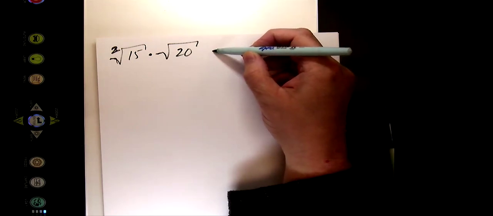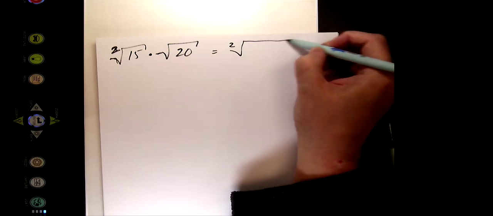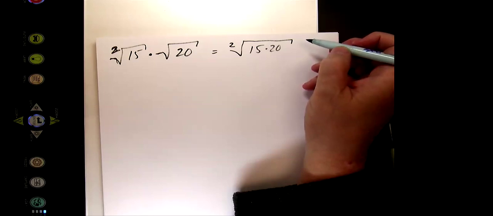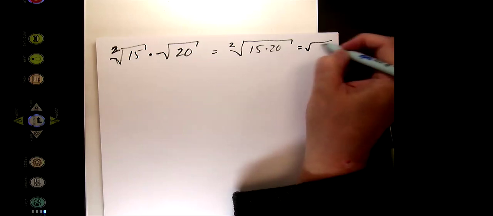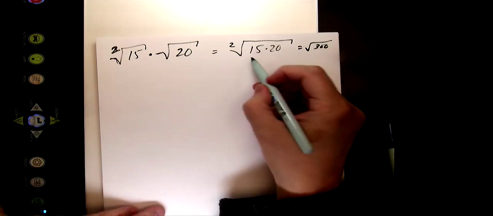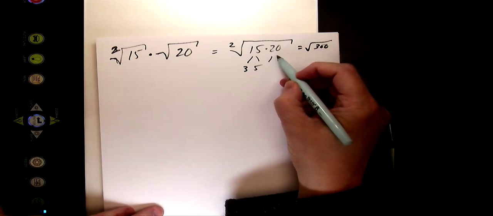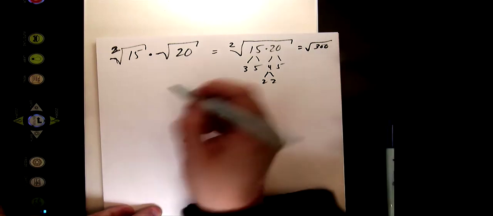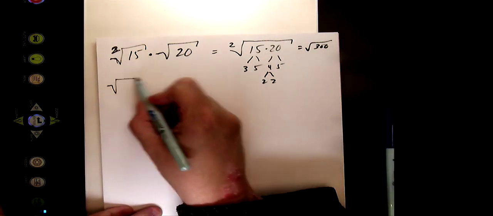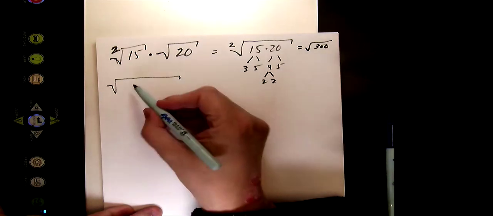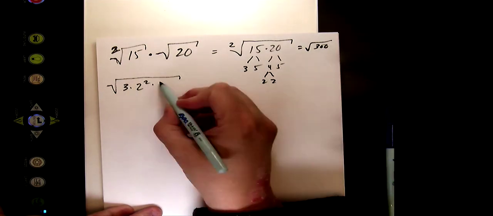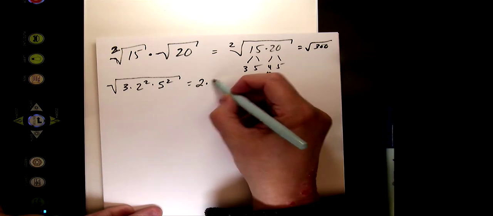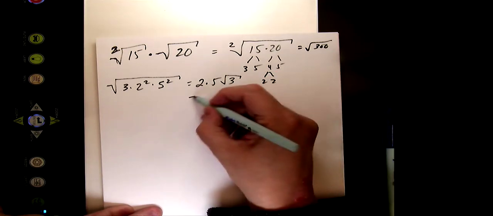You added them, not 35. So it's the square root of 300, and that's kind of hard to work with. 15 is 3 times 5, and 20 is 4 times 5. 4 is 2 times 2. So I have the square root of 3 times 2 squared times 5 squared, which means I can pull out a 2 and a 5 and it just leaves the square root of 3 on the inside. Or 10 root 3.